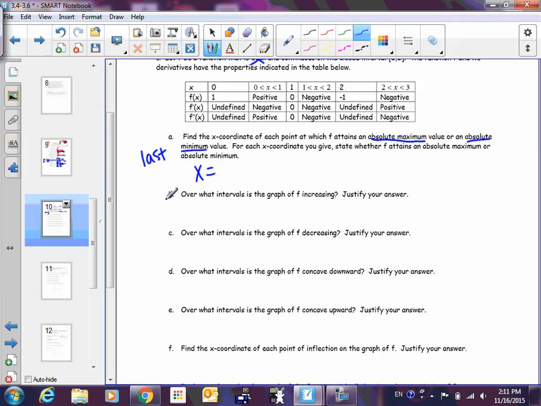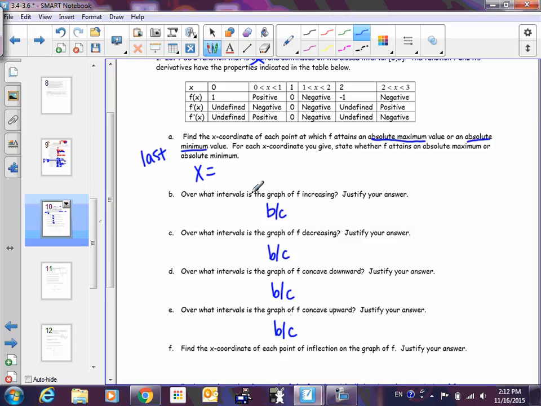All right, look at B and C and D and E and all that. I ask you about something and then I say justify your answer. So what I would like for you to do is to go ahead and put a bunch of becauses in here. Actually, we're going to fill in the justification, and that's going to help us then find the answer.